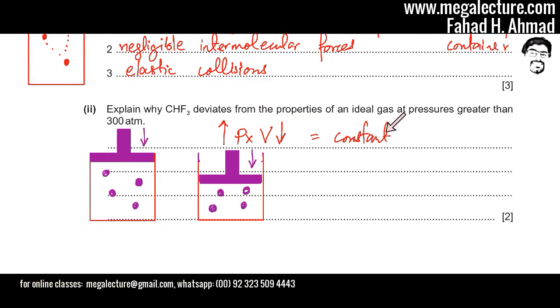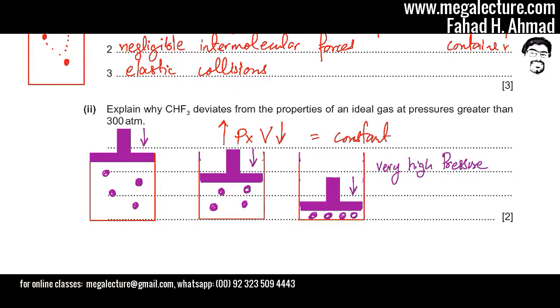But this relationship holds true only up to a certain point. After a point, a gas at a very high pressure would be incompressible. Let me draw a diagram again. At a very, very high pressure, if you have compressed a gas to a certain point, all the gaps are gone and the gas becomes incompressible.